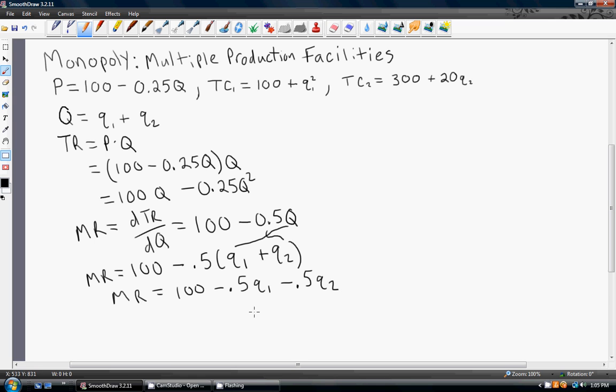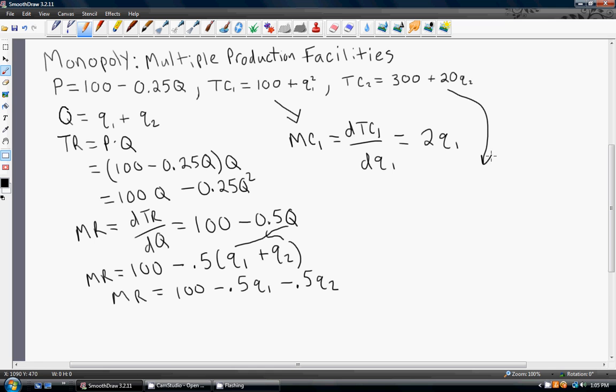However, the good news is we're going to solve these problems pretty much like all problems, by setting marginal revenue equal to marginal cost. What we need now is to get marginal cost from each plant. Marginal cost from plant 1 is the derivative of the total cost equation with respect to output, and we just get 2 Q subscript 1.